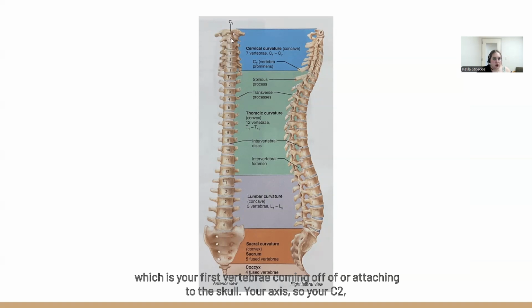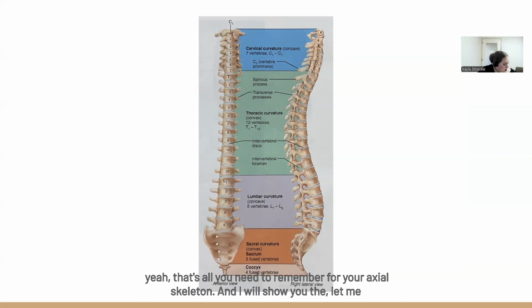Your axis, so your C2, is known as a little neck also. That's all you need to remember for your axial skeleton.